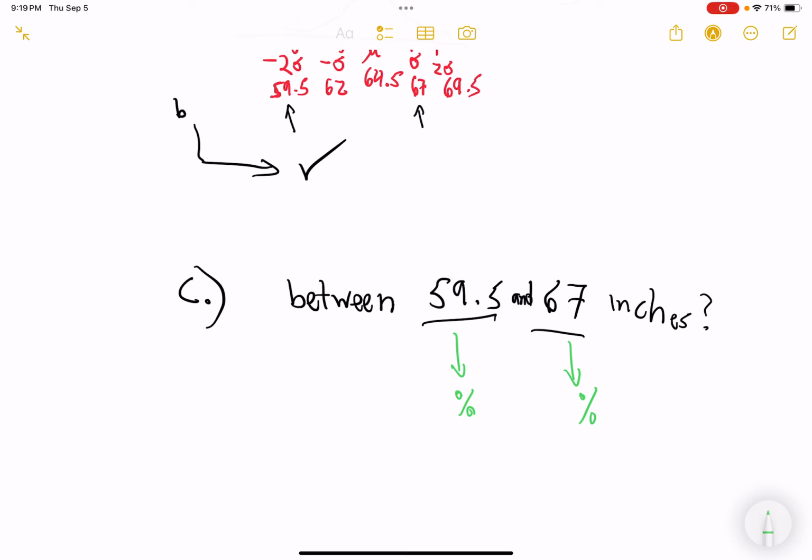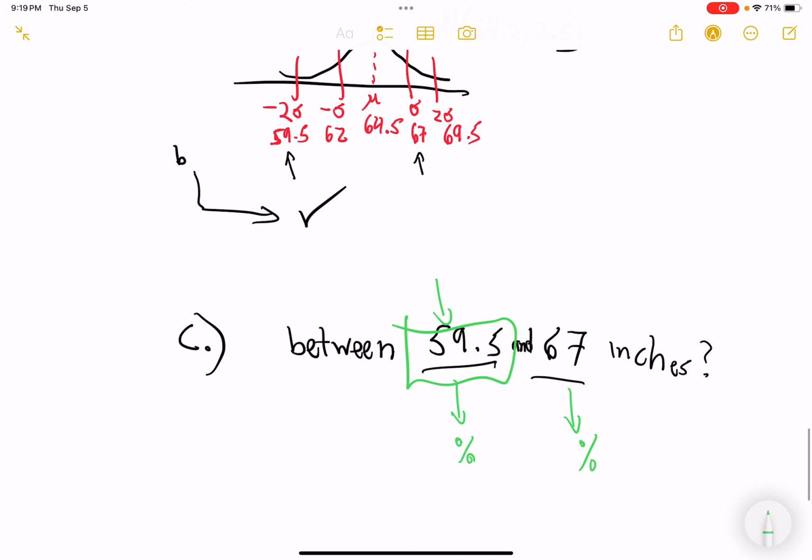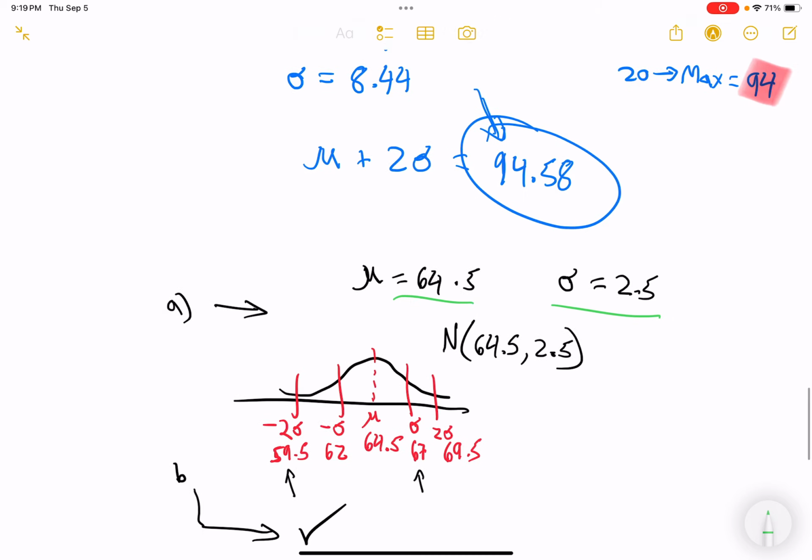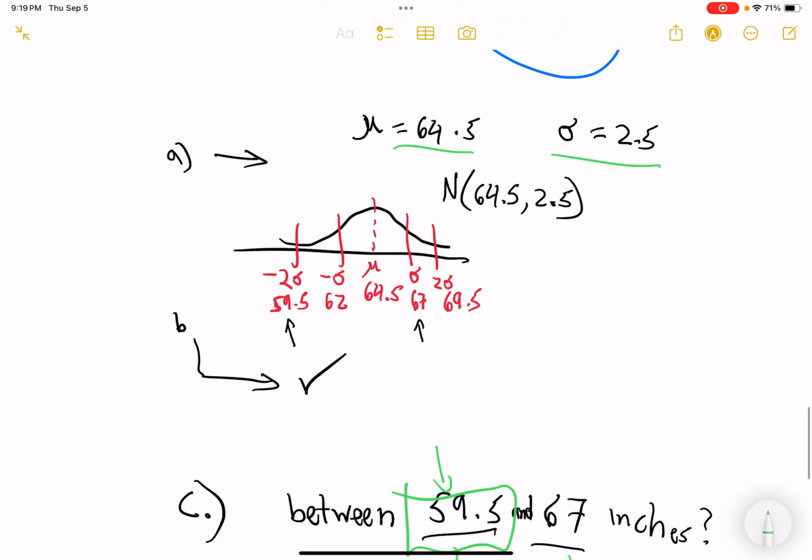The fun way to do it, as we learned in class, is set your lower value as 59.5, right? Because that's the lower side of this particular distribution set that we want to understand. Set your upper to 67 inches. Beautiful. Now your mean is going to be 64.5 because that's the mean that was provided to us in this question.